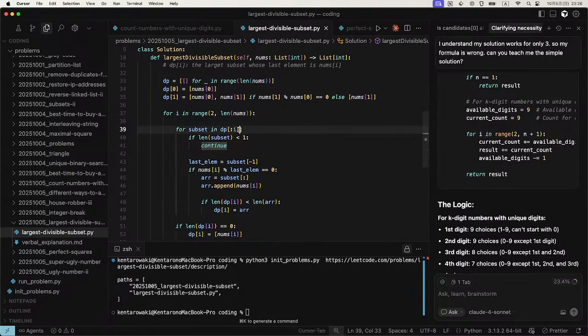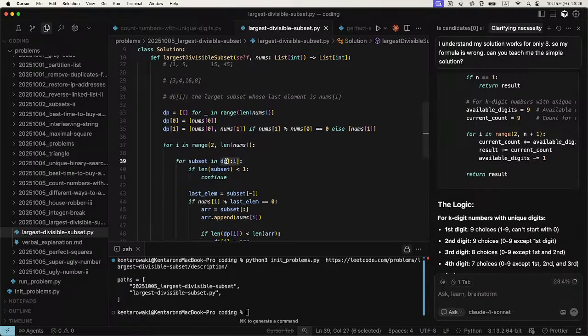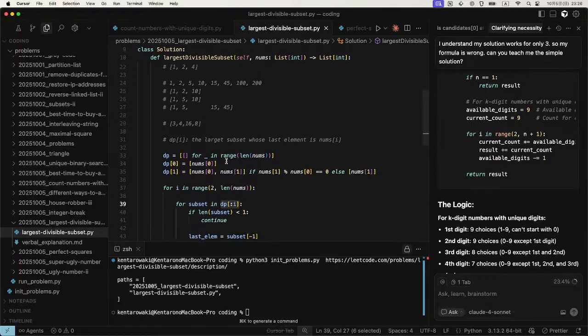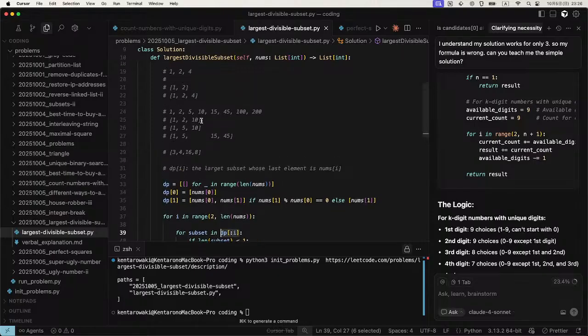Yeah, and we have to take a look at the previous subsets like this. So for example, when we want to append 45, we should have all of the previous subsets.